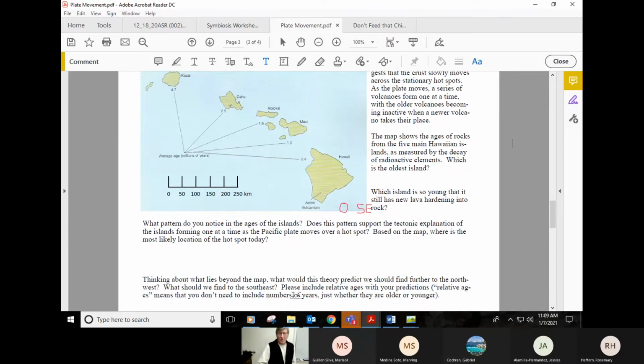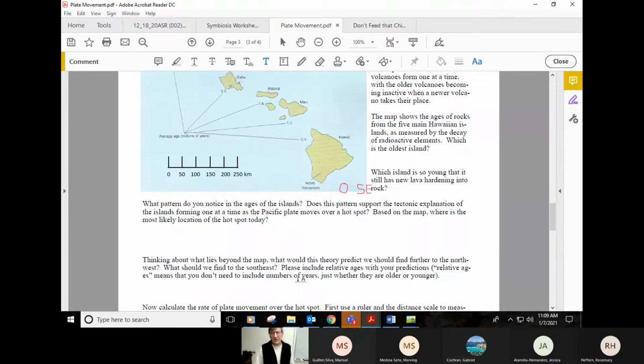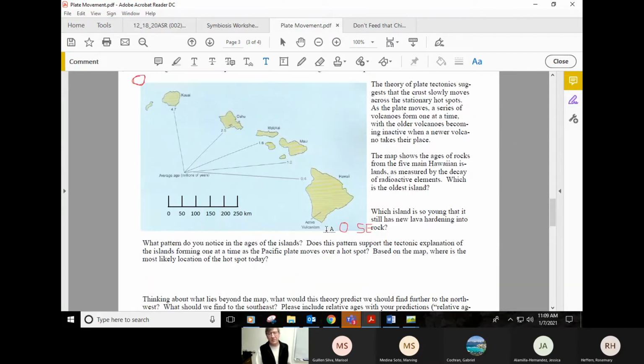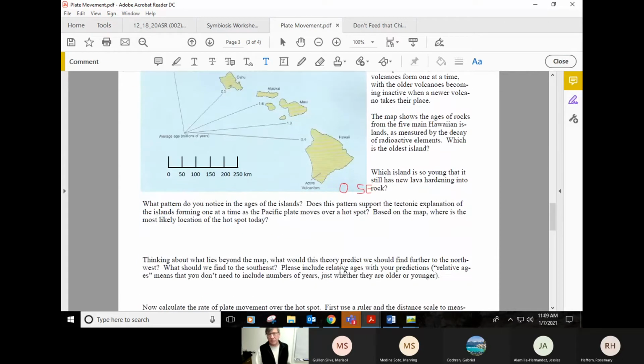And what I'd like you to do when you predict is to include what we call relative ages as part of your predictions. In other words, you have to tell me if it's older or younger than something around it. Relative age means you're comparing the age to something else. Absolute age means you're actually naming the number of years.